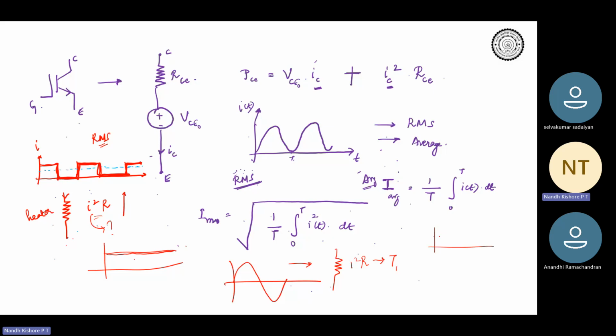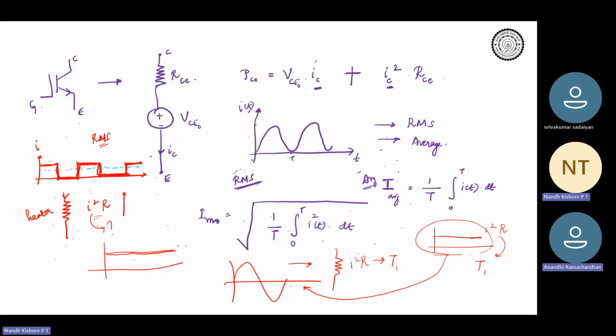What will be that value of steady state continuous current which, if you pass it, there will again be an I square R loss, due to which the heater gets heated up to the same temperature T1? This current is known as the RMS of this current. Do you understand what I'm trying to tell? Yes, sir. Okay, Anandi, is this fine? This is the basic of RMS.